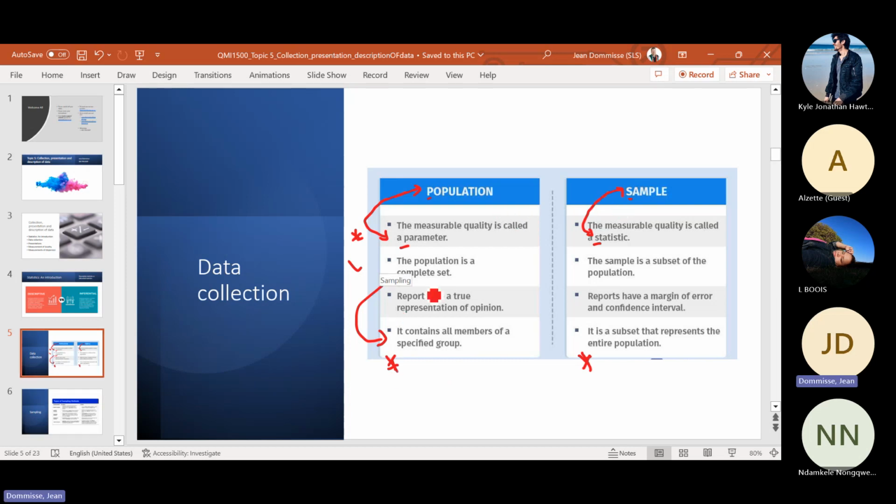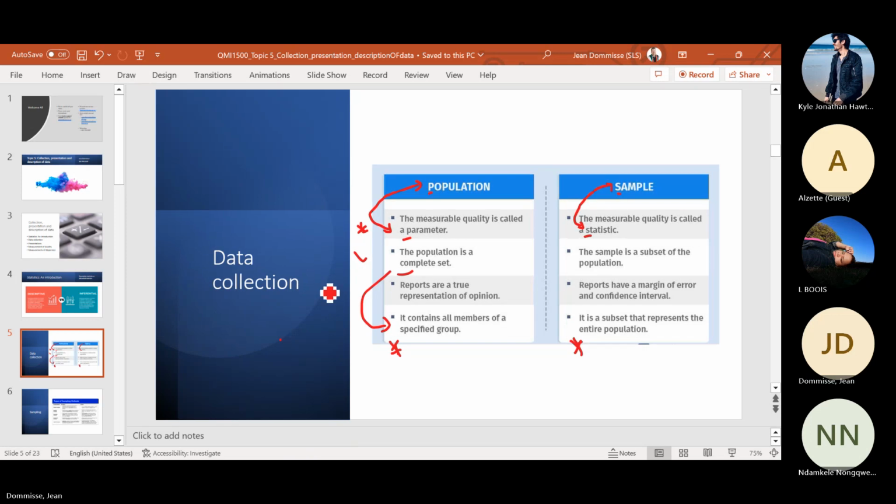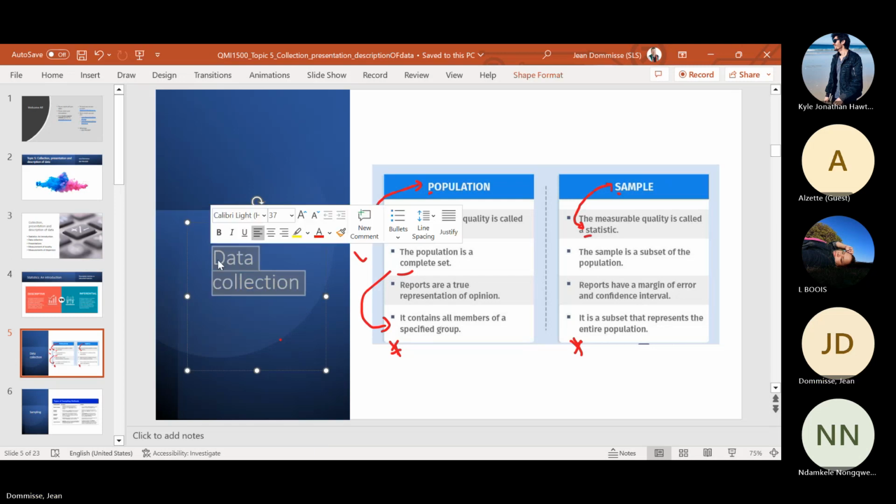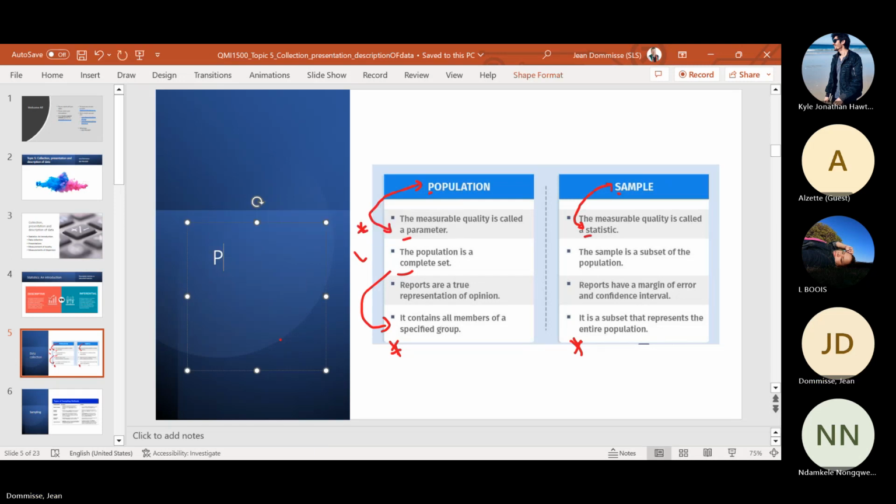So that is just looking at population and sample. And now that I see that, this should actually be population and sample and not population as a sample.